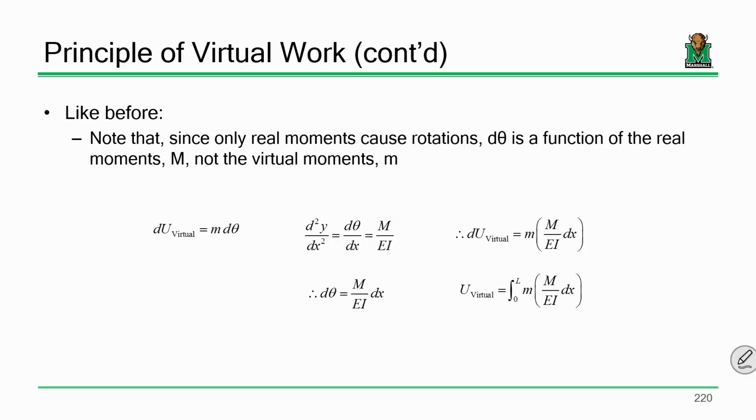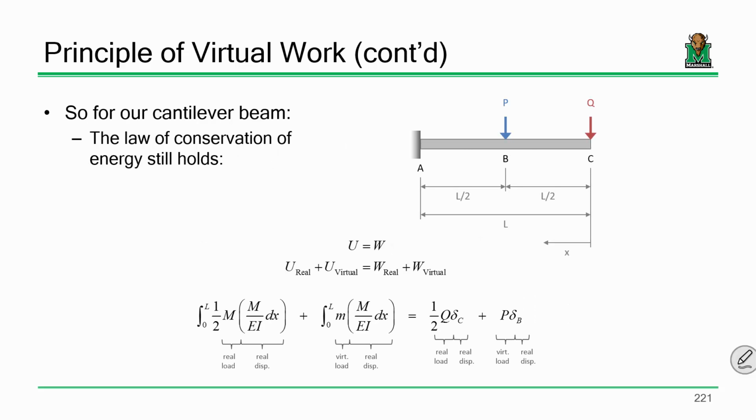But my point is that we can use these virtual moments, or virtual energies, just like we used the real energies before, and carry out that same process. Integrate across the section and calculate the total energy inside the whole thing. The nice thing about this approach is we can calculate those resulting rotations or deflections anywhere. Okay? Everybody good? All right.